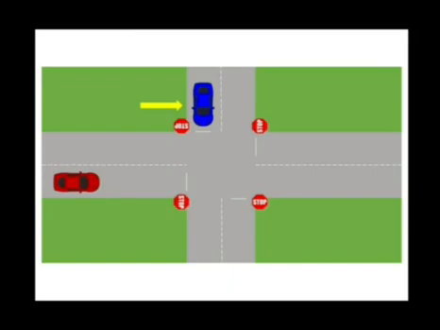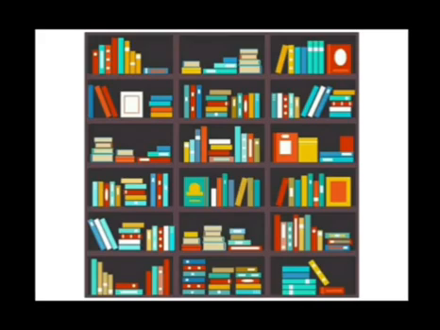Our next picture is a picture of a bookshelf. We see that the shelves are arranged in a way that they touch each other. That means each and every shelf has to touch each other in order to be maintained properly.